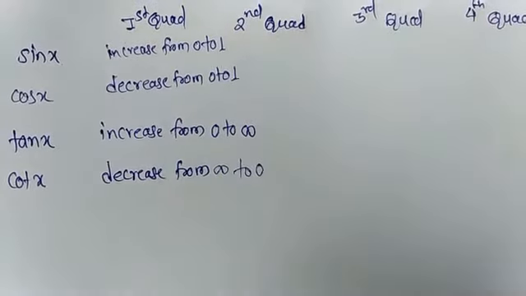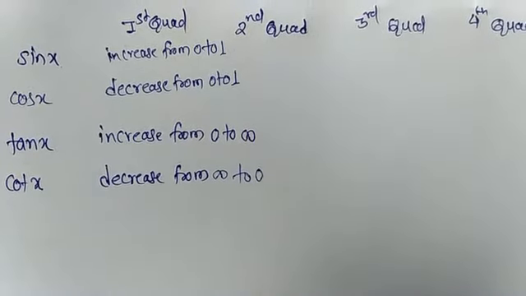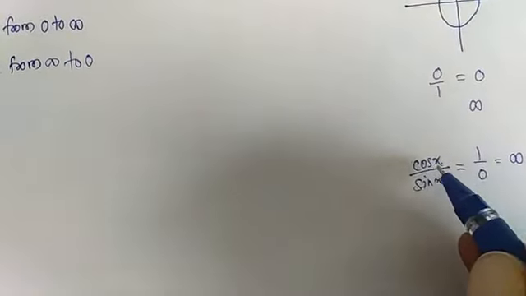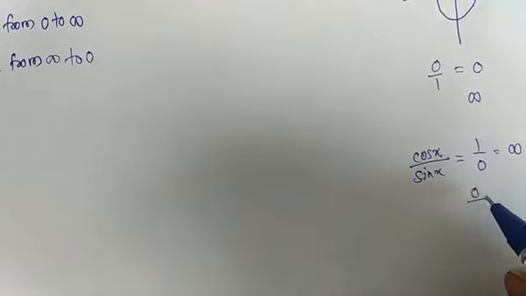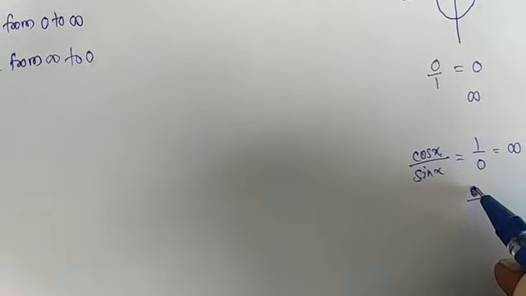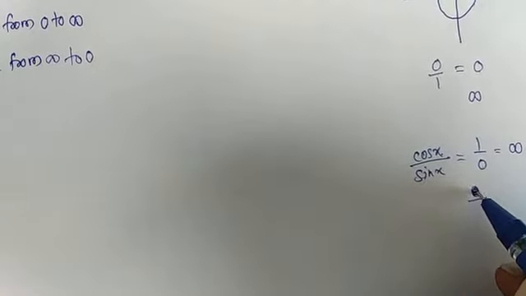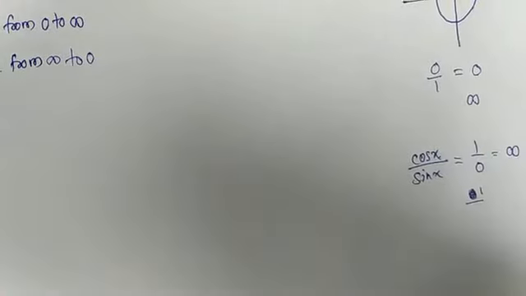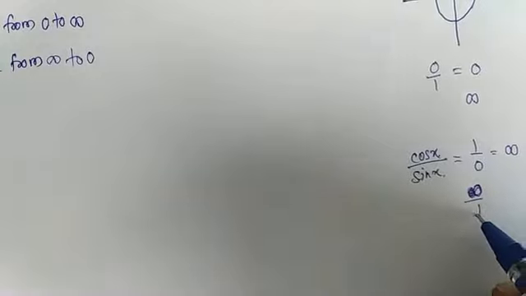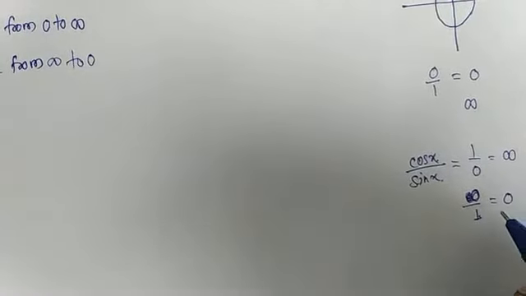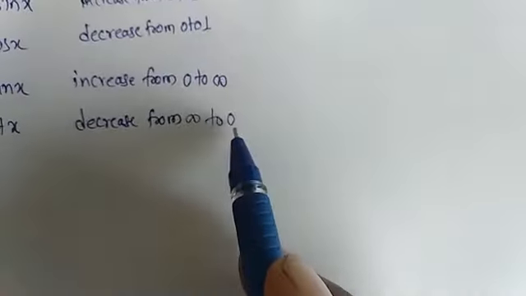And for the last, pi by 2, because in the first quadrant the largest angle is pi by 2, cos pi by 2 is 0 and sin pi by 2 is 1, so the value is 0. So our smallest value will be 0.